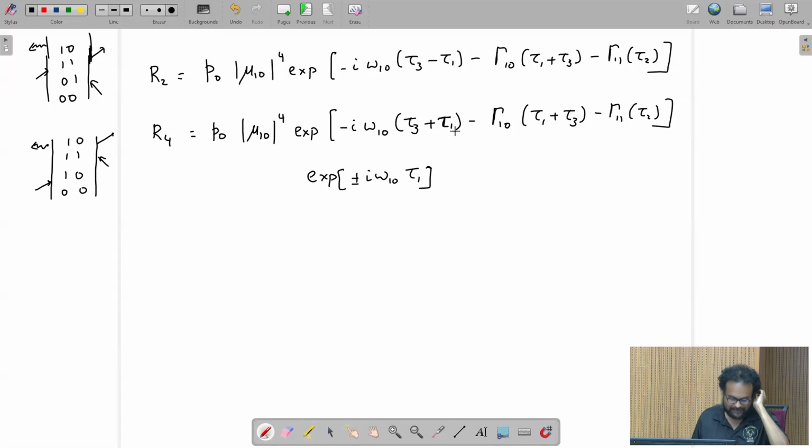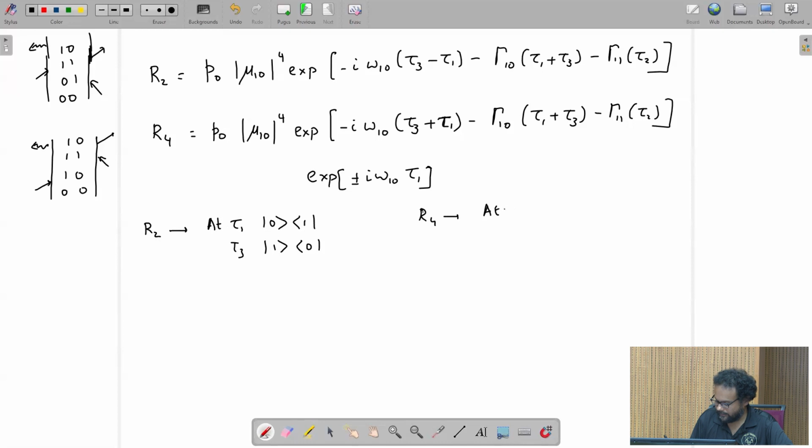It basically means that in R2, at tau 1 you are at 0 1, and at tau 3 you have inverted that coherence, whereas in R4, at tau 1 you are at 1-0, and even after tau 3 you are in the same coherence.